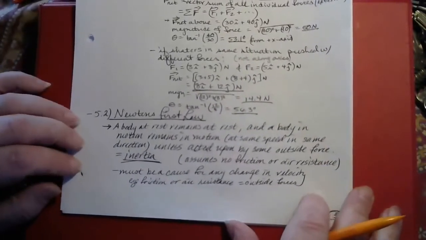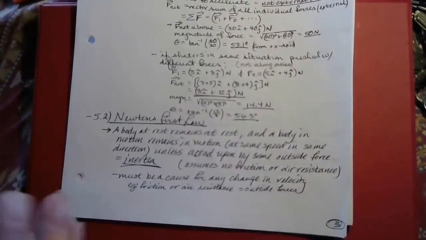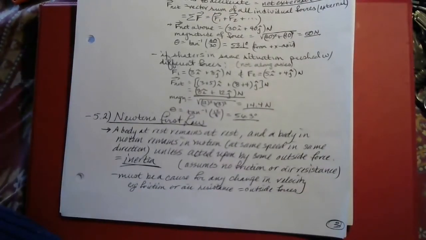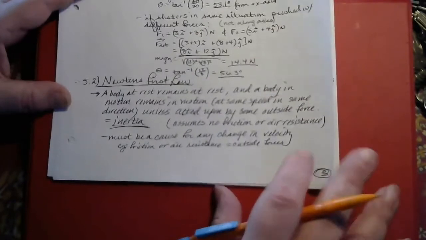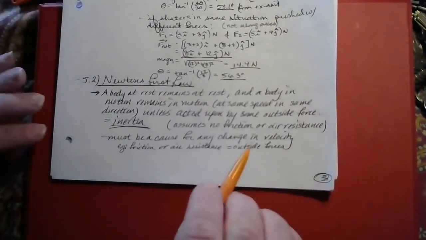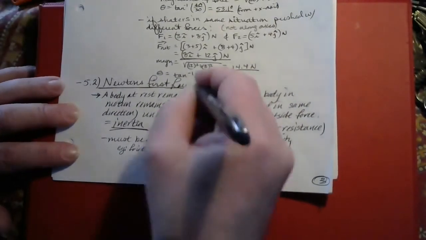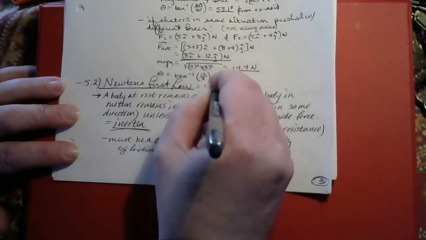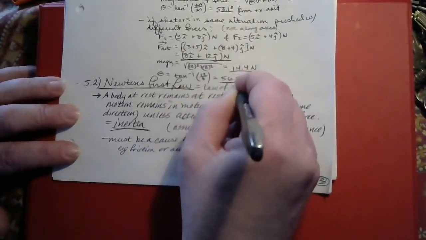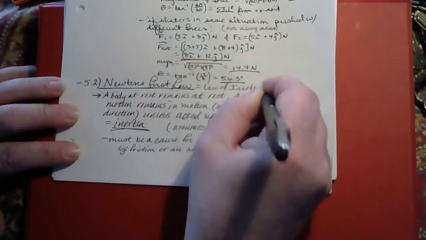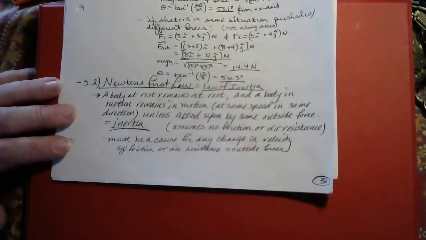And finally, we can get to Newton's laws. This is section 2 of the chapter. Now that we've built up some terminology and some concepts, we can actually get into Newton's laws. Newton's first law, also known as the law of inertia.